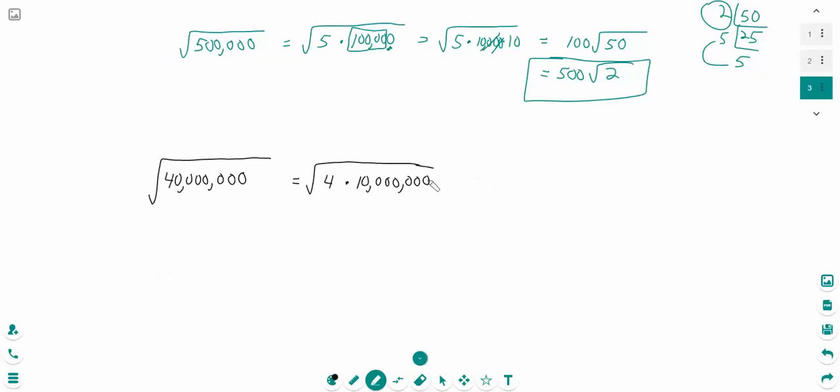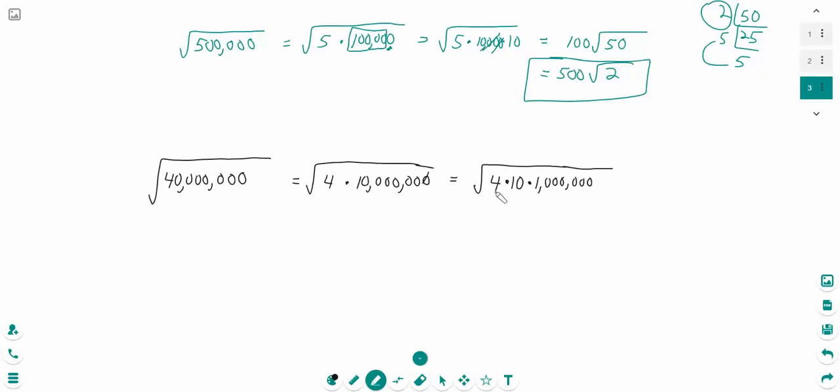Now this 10 million has 7 zeros, so we need to lose a 0 so that it becomes an even number. So we have 4 times, now since we're losing a 0, we're going to regain that 0 by multiplying it by 10. And then we're losing that 0, and we end up with 1, 2, 3, 4, 5, 6 zeros following a 1, which is 1 million. Okay.